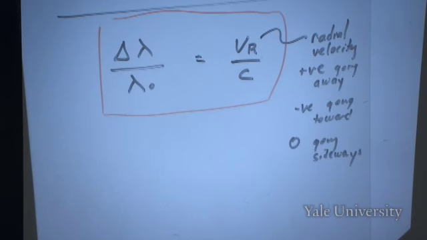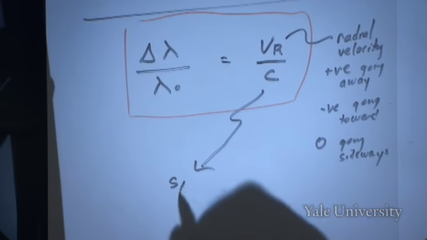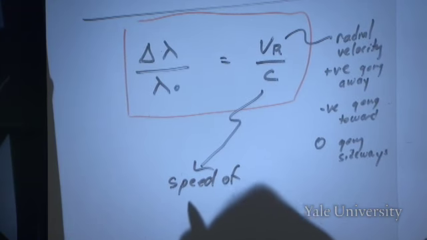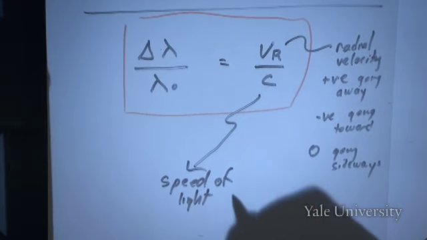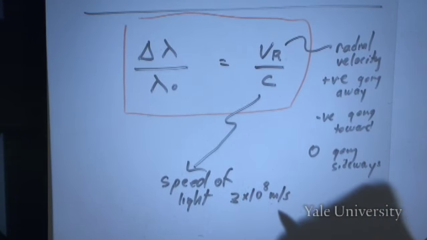And it's a velocity. It's in meters per second or whatever the appropriate units of furlongs per fortnight or whatever the appropriate units are. The only restriction on the units is it has to be in the same units as the thing in the denominator here. That's c, that's the speed of light. That's 3 times 10 to the 8 meters per second.